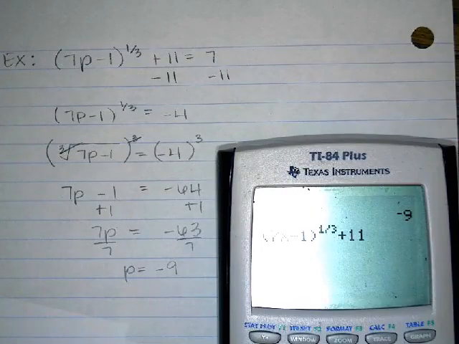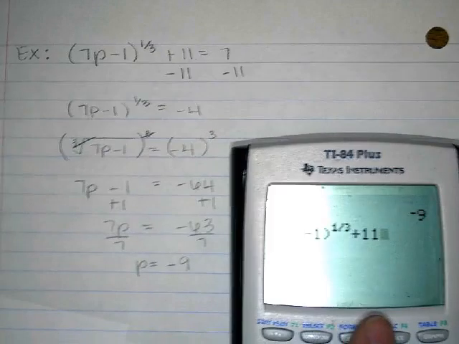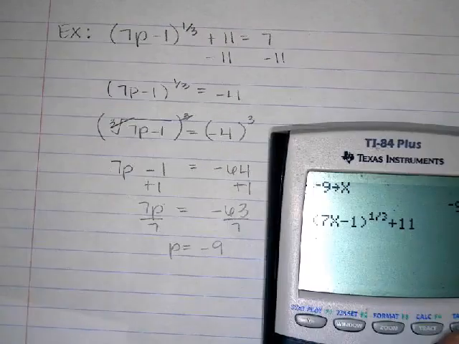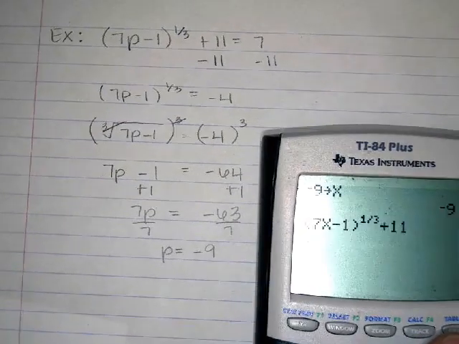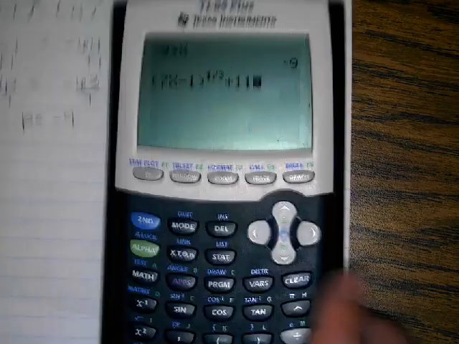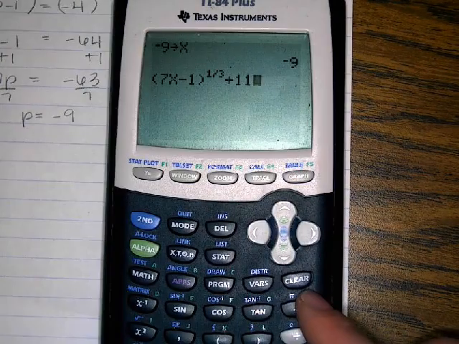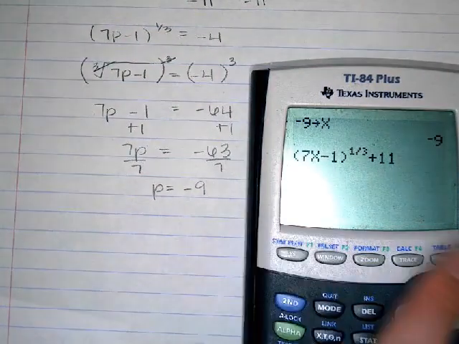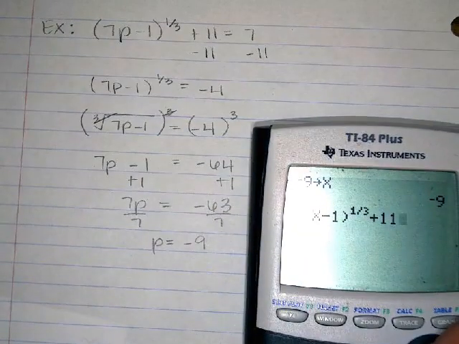Okay, did everybody plug it in? Make sure it gives us the right thing? How do you get the 1/3 when you press that arrow? I did the caret, the up arrow. You have to store the final answer you got. Store -9. How do I get back then? To get back down, you hit the right arrow. Plus 11.